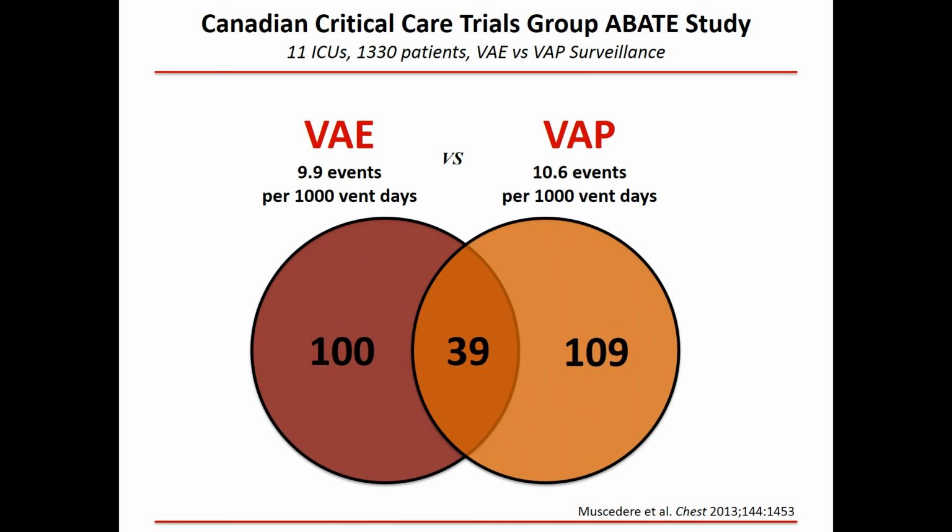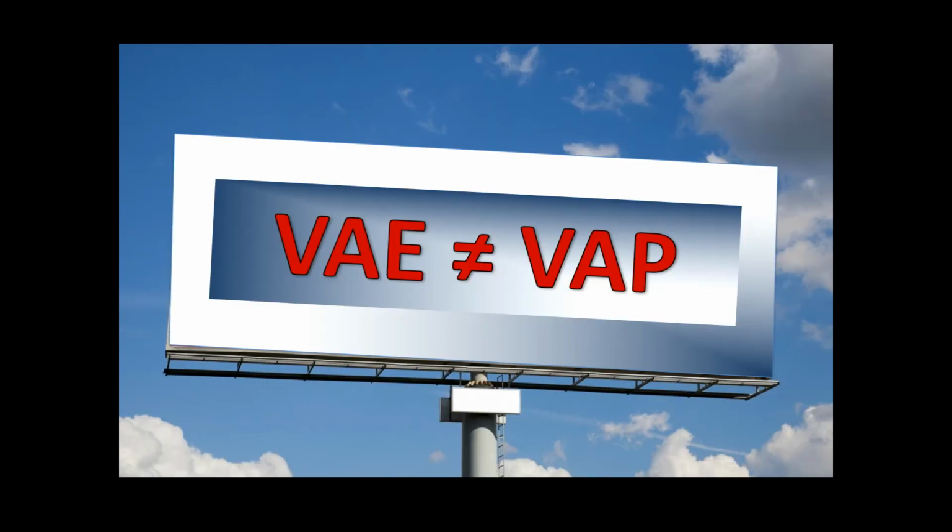So a take-home message, I think, for today is that a VAE and a VAP are not the same thing, and therefore, as we move towards thinking about prevention, we can't just blindly apply the old VAP bundle, all the more so given the weaknesses in the VAP bundle that we explored together. So this begs the question: if a VAE is not a VAP, what is it?